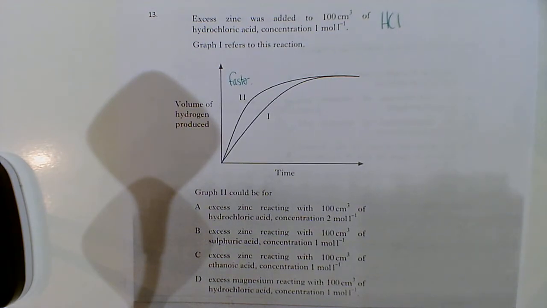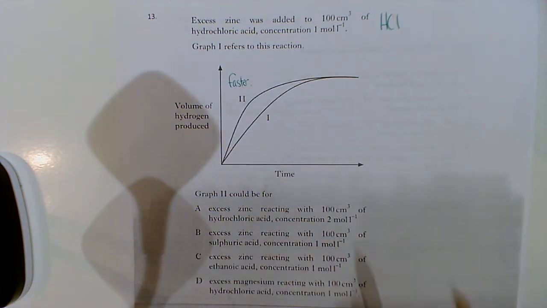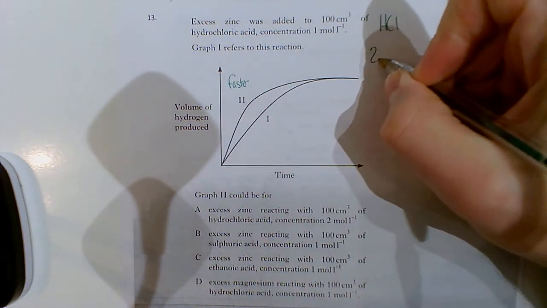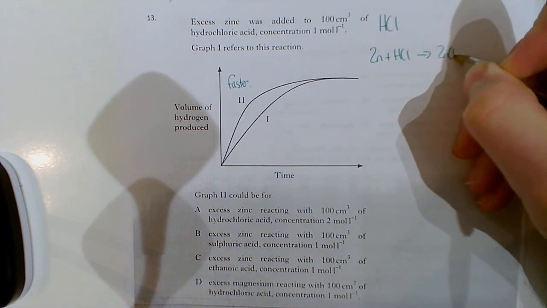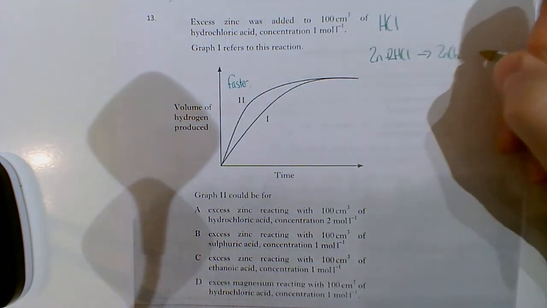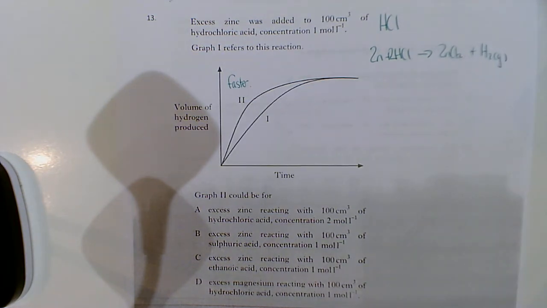So if it's faster, we have to think about any factor we know that could increase rate of reaction, but it's finishing at the same point. Now zinc reacting with HCl is going to make ZnCl2 plus H2 gas. It's producing hydrogen.